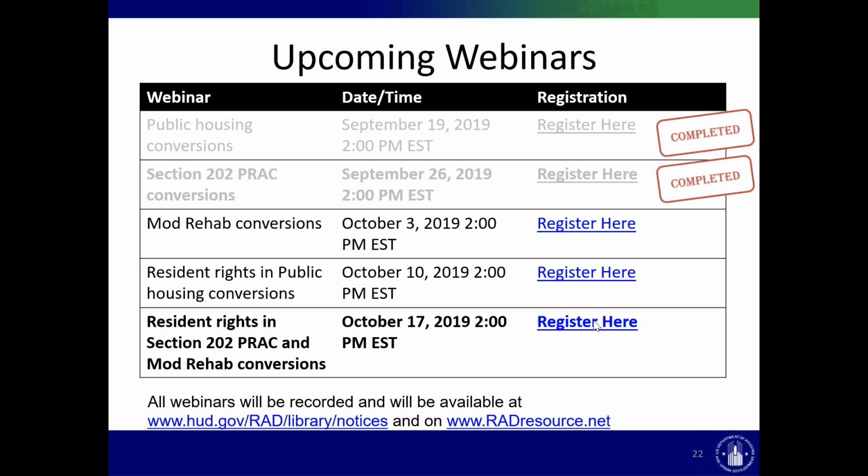We do not need to wait for the anniversary date of the HAP contract. For PBV conversions, there are some special considerations on when the conversion can occur and when the HAP can be effective. But for PBRA, we can complete the conversion of properties at any point during the year, regardless of the anniversary date of the contract. Good question. Thank you.